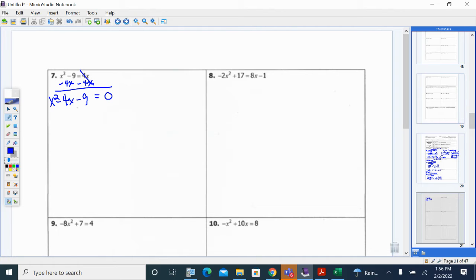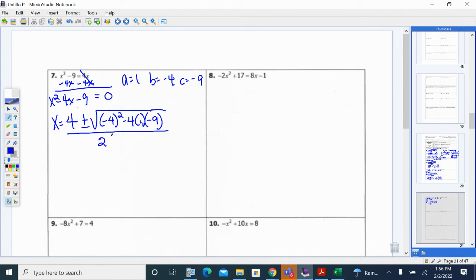From here, identify your A, your B, and your C. And then plug it into your quadratic formula. X equals opposite B plus or minus the square root of B squared minus 4 times A times C, all divided by 2 times A.